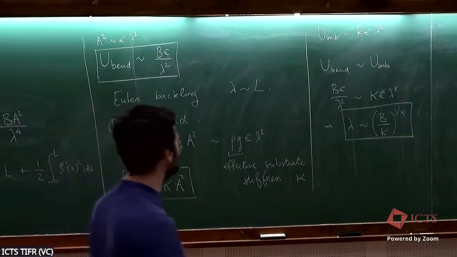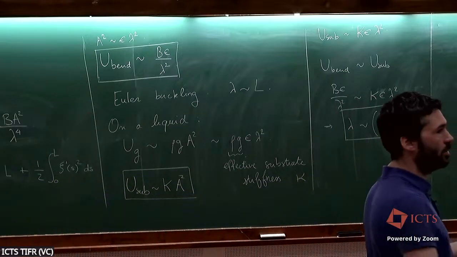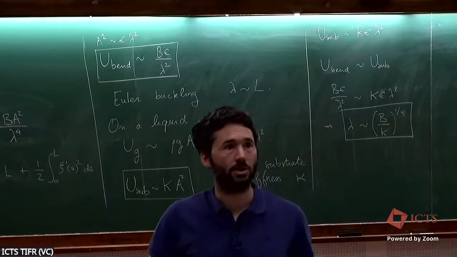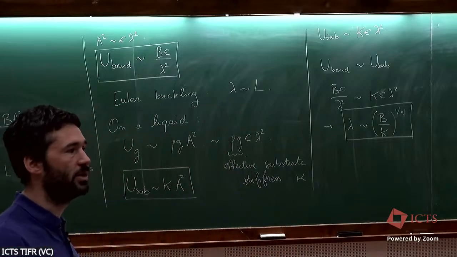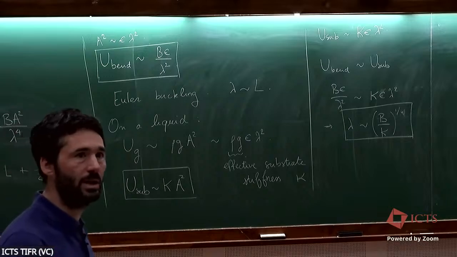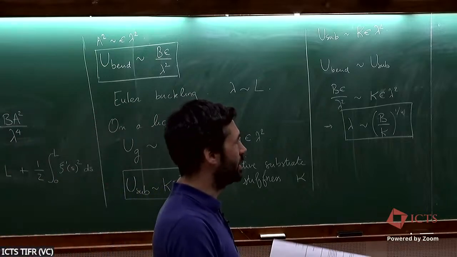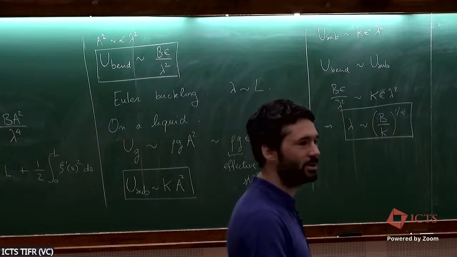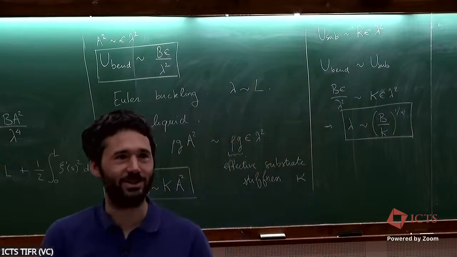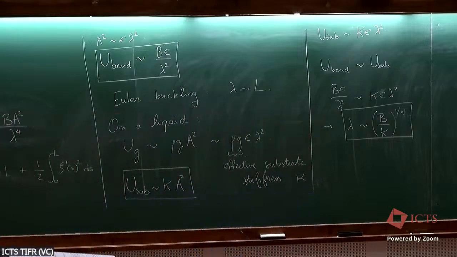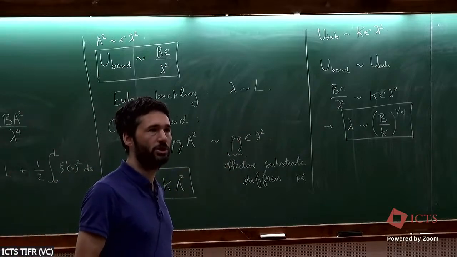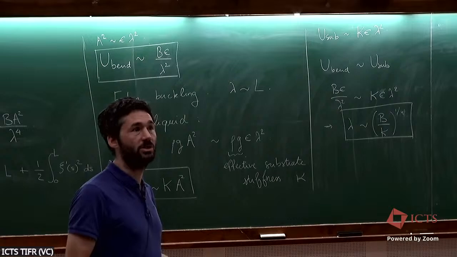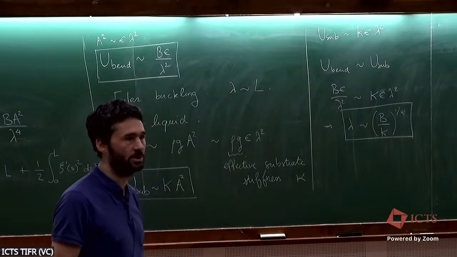And this gives you a way, when you compress a sheet on a liquid, since you know the density of the liquid and g usually, except if you're on an unknown planet, but let's consider that you do things on Earth. Then looking at lambda gives you a measure of B, which is not that easy to measure actually for these sheets.